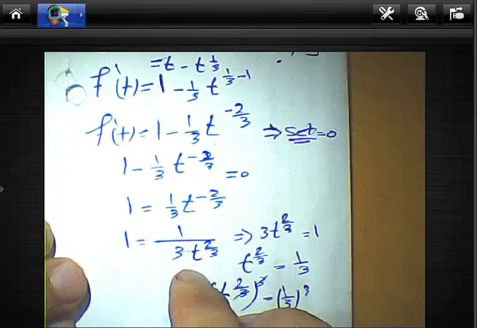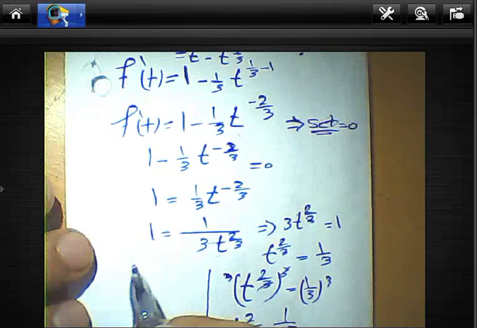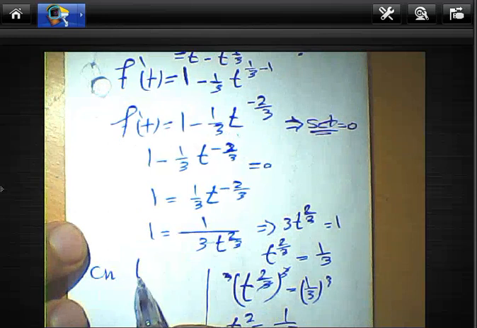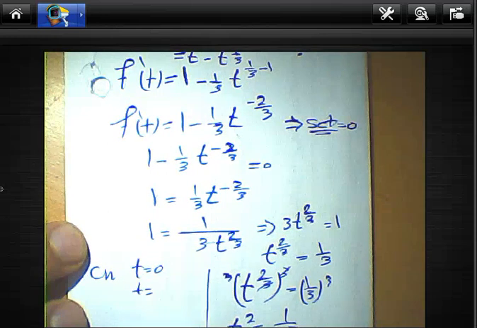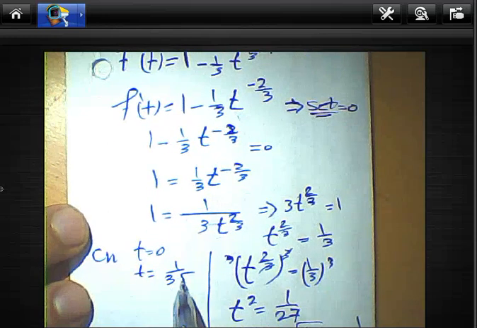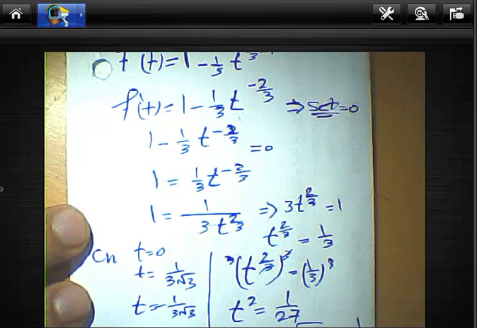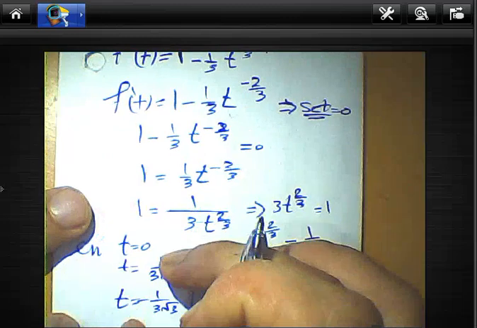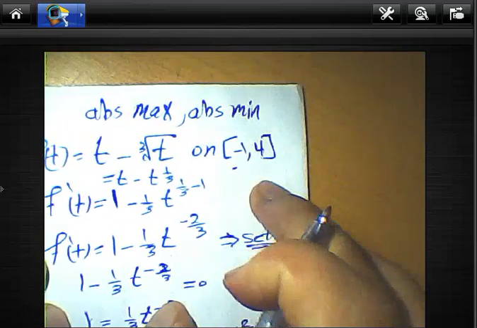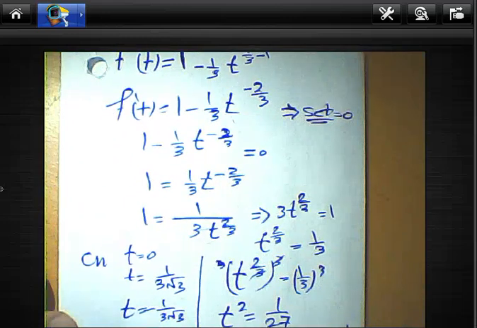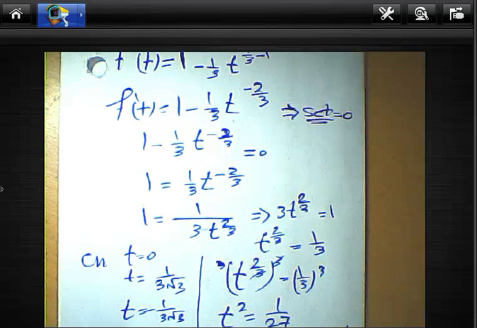So the critical numbers will be t equals 0, or t equals 1 over 3 root 3, or t equals -1 over 3 root 3. All these digits belong to this interval, so we can find the critical numbers at all these points to find the absolute max and absolute minimum.